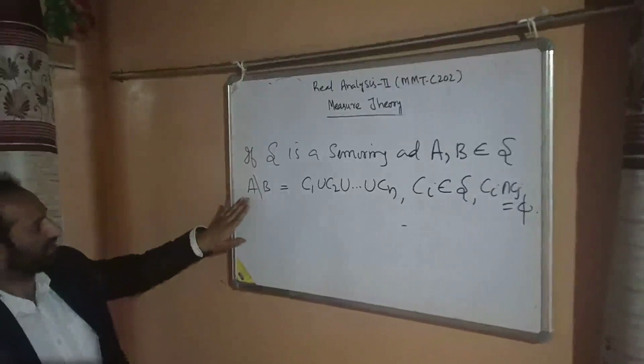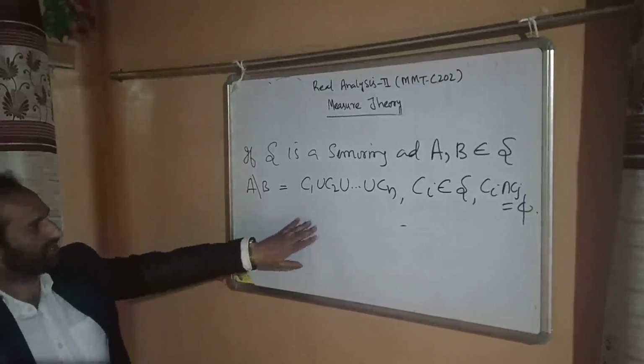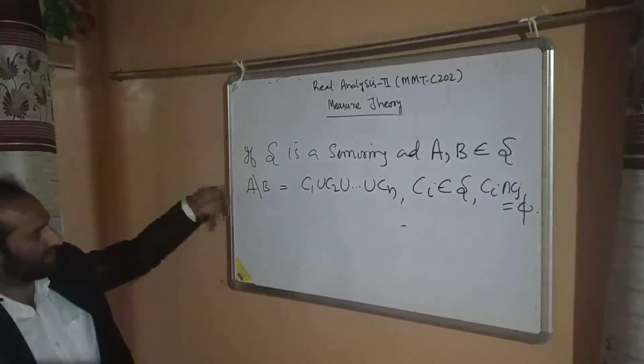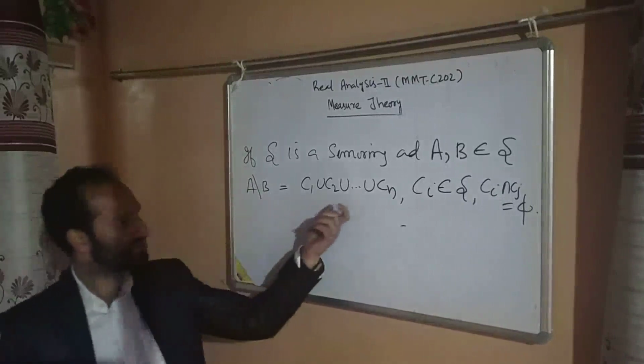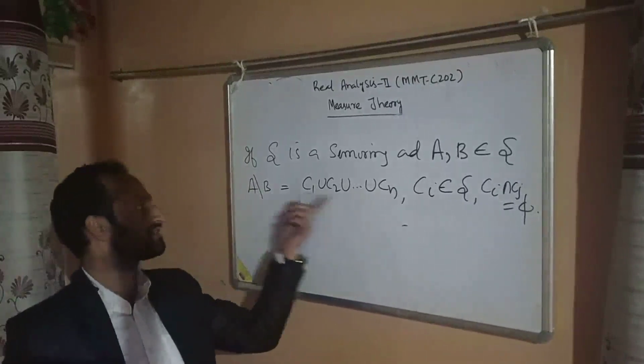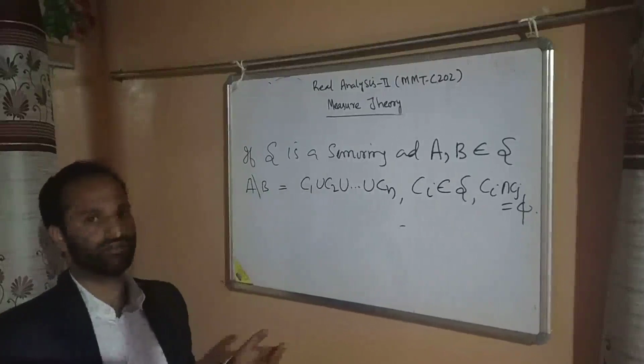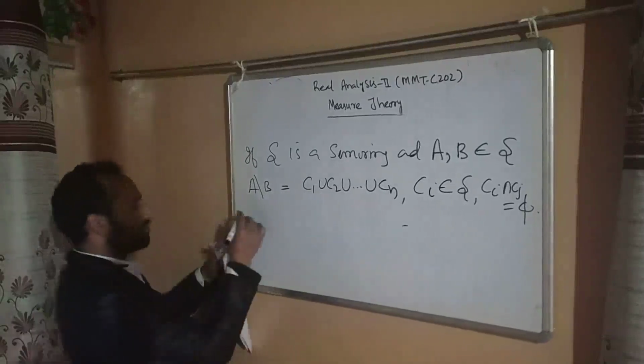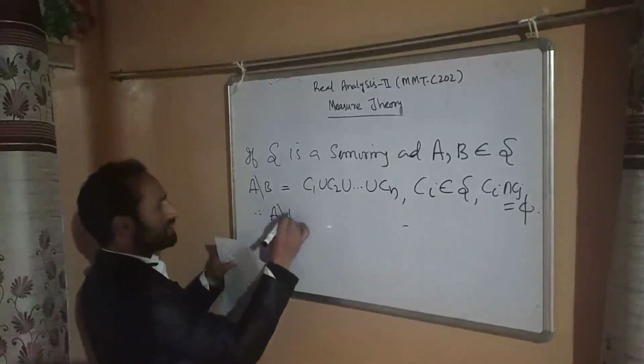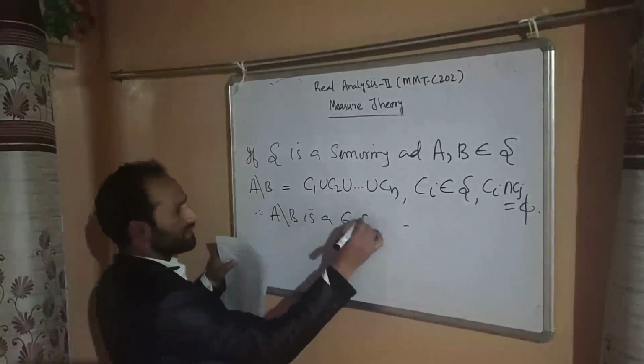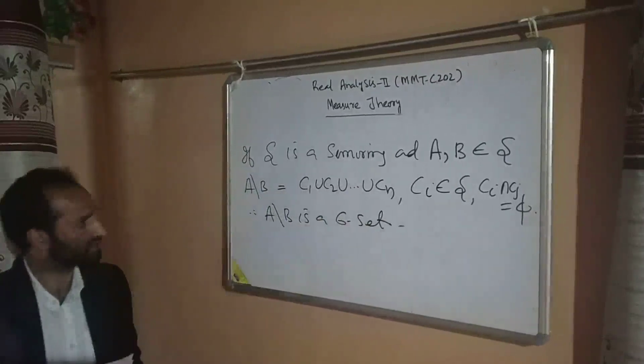So it means that this set difference is actually a sigma set, because whenever a set can be written as a finite disjoint union of members of S, those sets are always sigma sets. So therefore A minus B is always a sigma set.